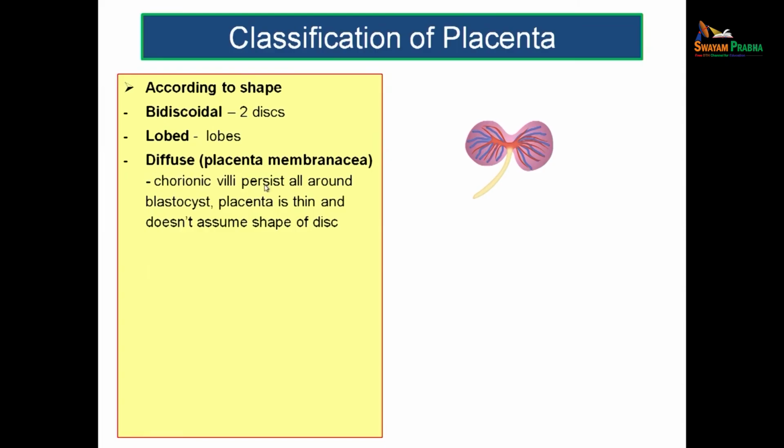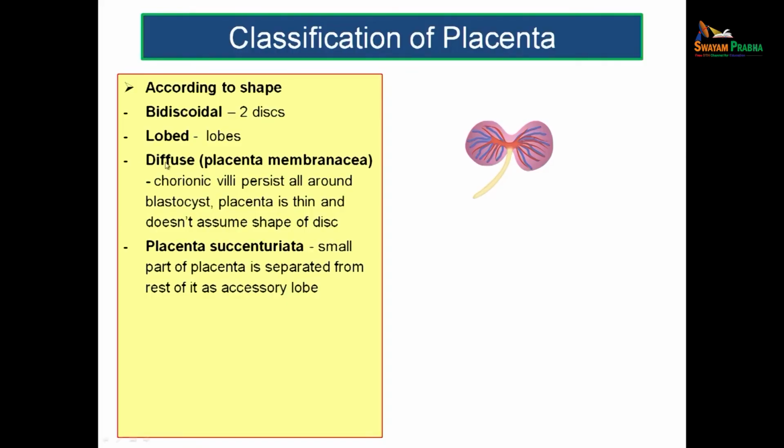Another term which you should be familiar with here is diffuse or placenta membranacea. What do you mean by diffuse or placenta membranacea? We have already discussed that during the initial period of development of placenta, the chorionic villi were covering all round the blastocyst, and later in course of time, the region at which the proper placenta is forming is known as chorion frondosum, and the remaining disappears and is seen as chorion laeve.